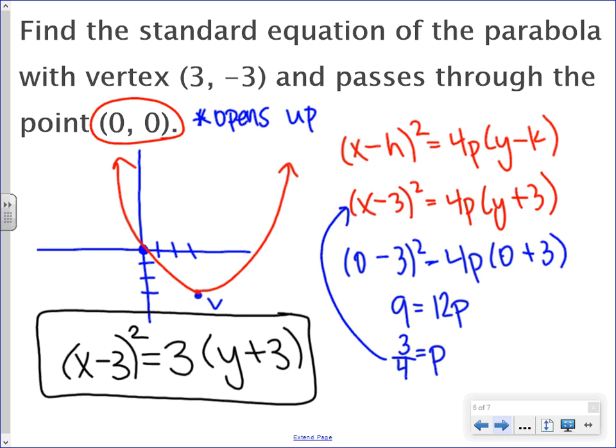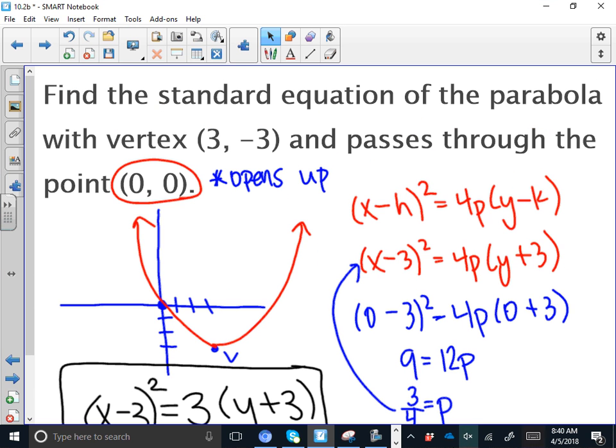Okay. You can solve for 4p, you can right here say, okay, this is 4p times 3, so 4p equals 3, and substitute in that way, or you could solve for p. Either way is fine. Okay?